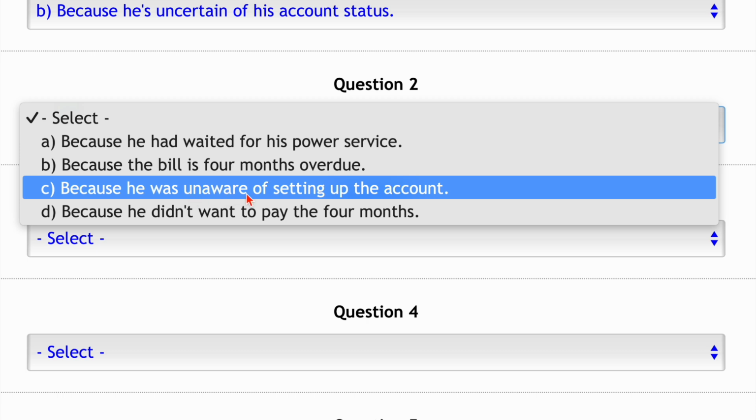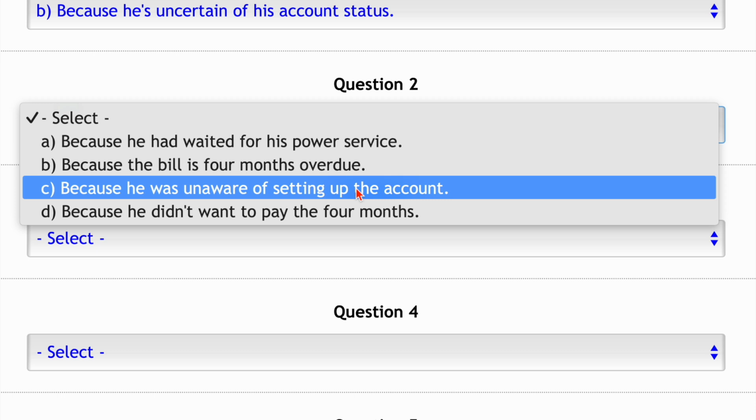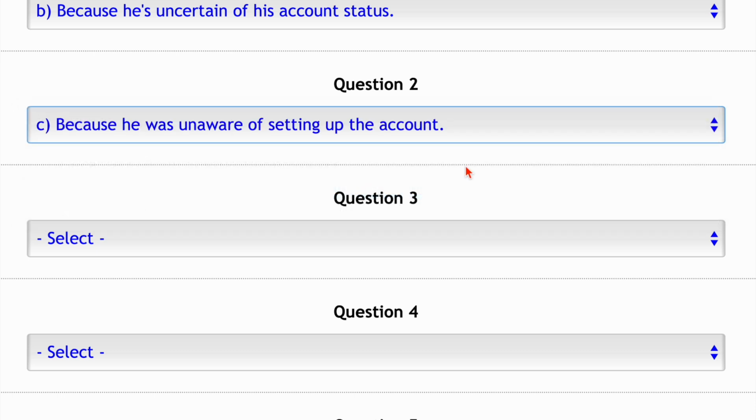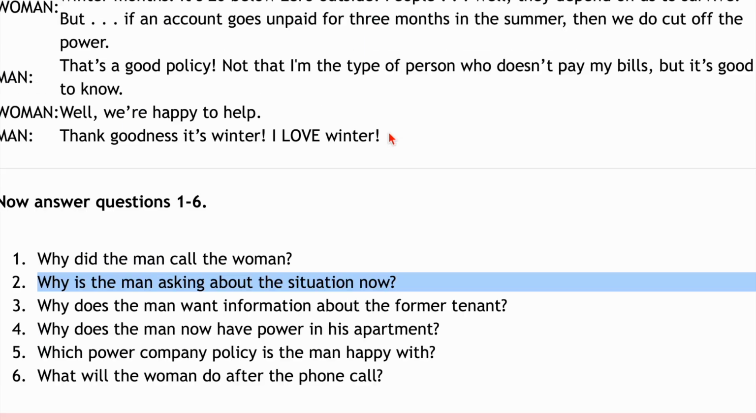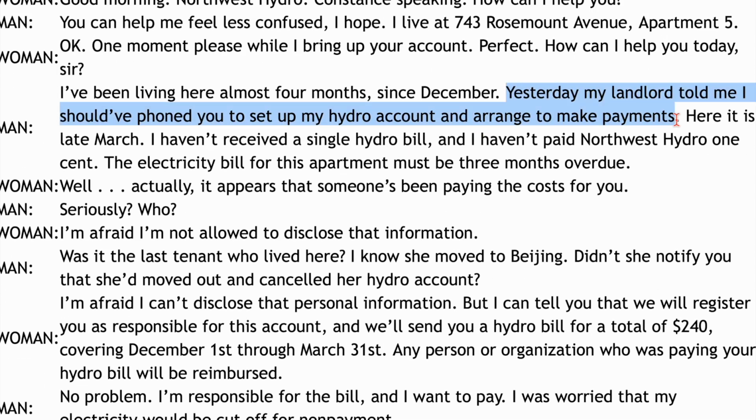And I think that this one is correct because we read that. Because he didn't want to pay the 4 months. No, not about didn't want to pay. He knows he has to pay. I believe it's C. We read that same paragraph right here.